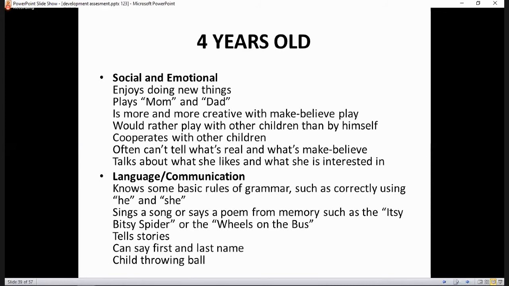The 4 years old child enjoys doing new things, plays with mom and dad, is more creative with make-believe play, would rather play with other children than by himself, and cooperates with other children.